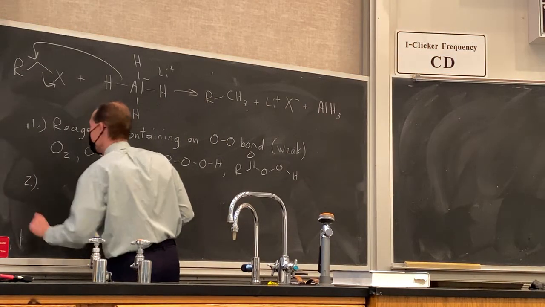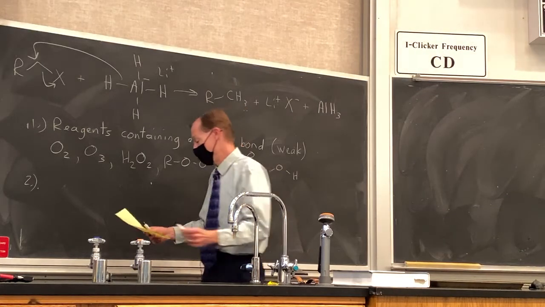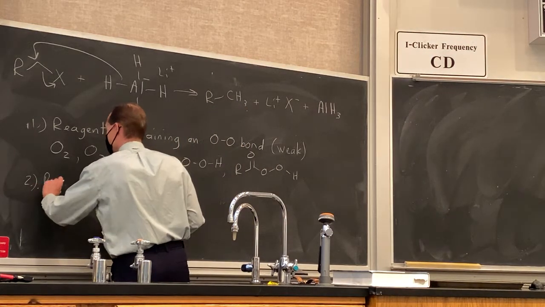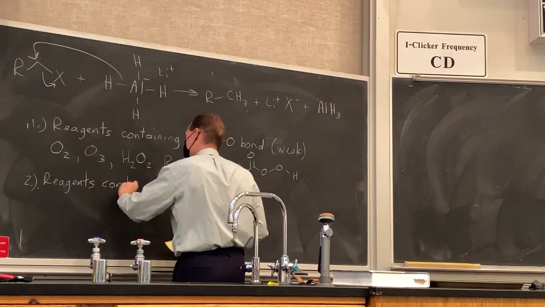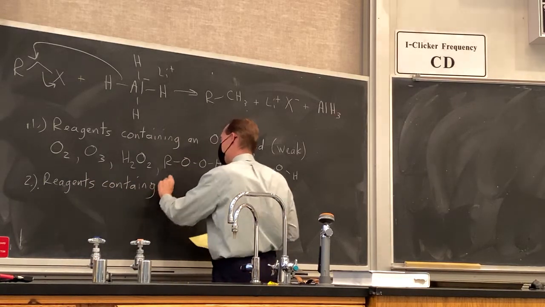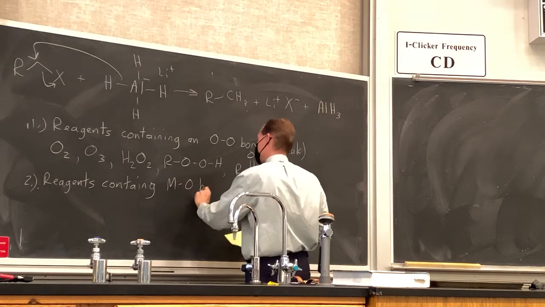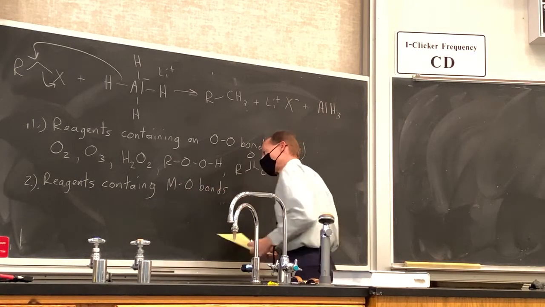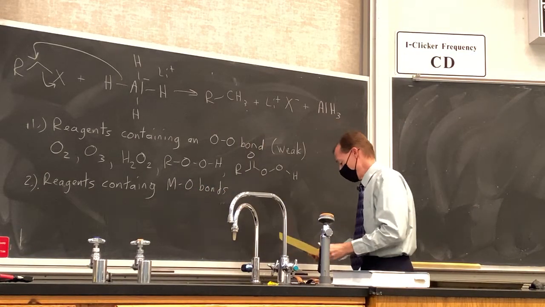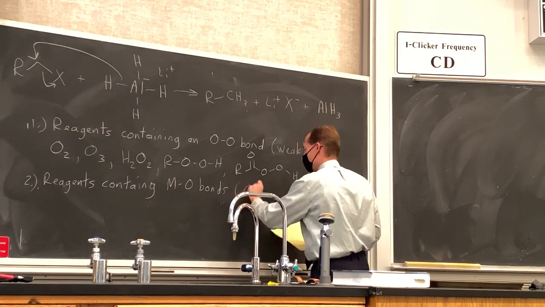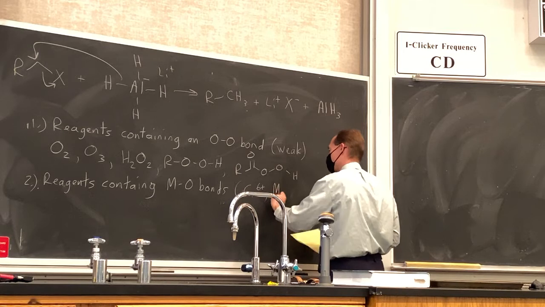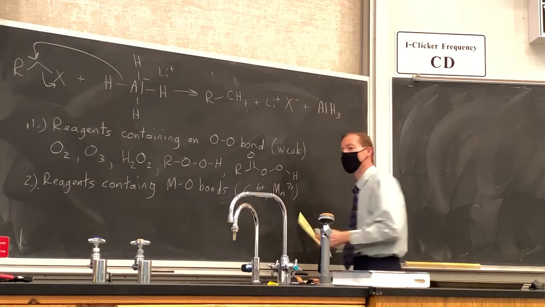And then our second category of oxidizing agents are reagents that contain metal-oxygen bonds. Okay? And the most common ones have chromium-6 or manganese-7.